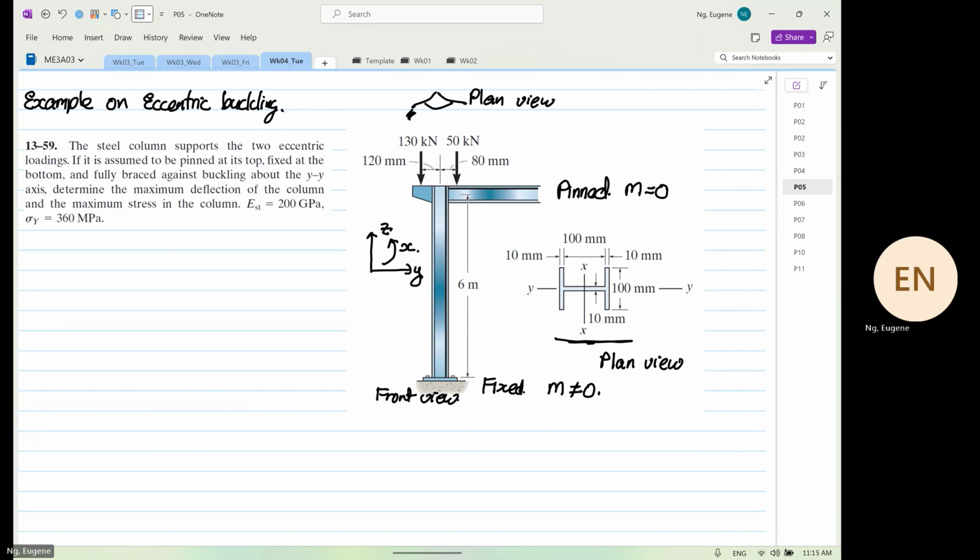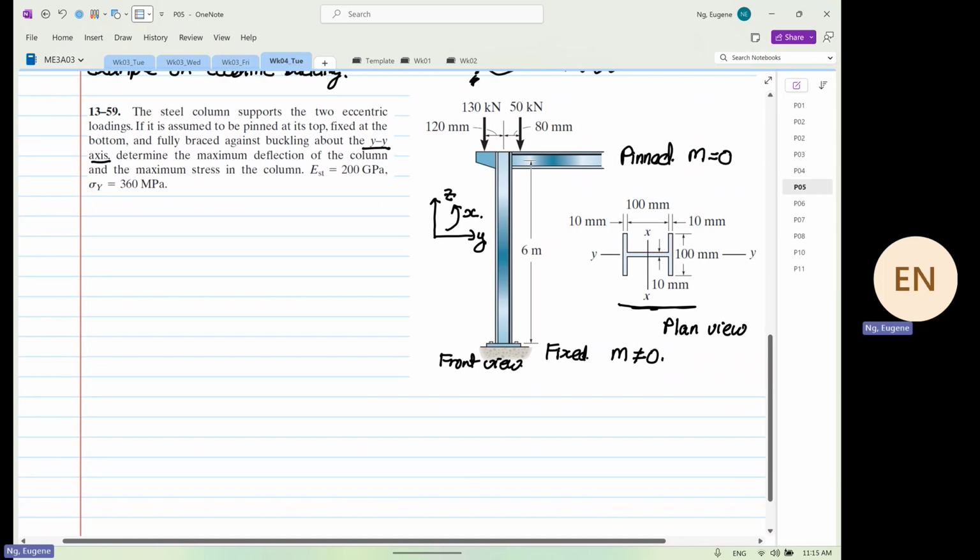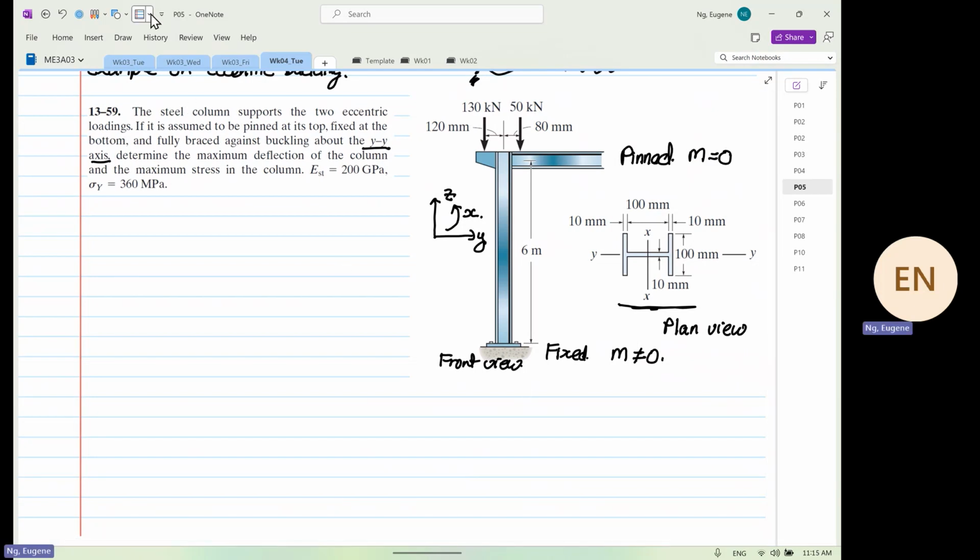So now, it says that the column is fully braced against buckling about the YY axis. What does this mean? So I'm now going to draw the structure in 3D.